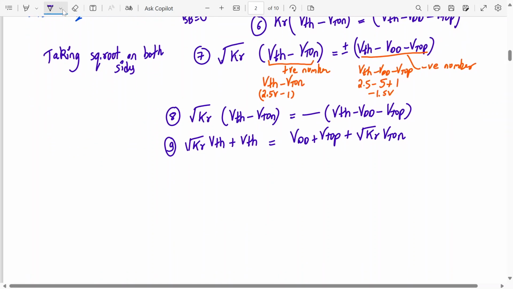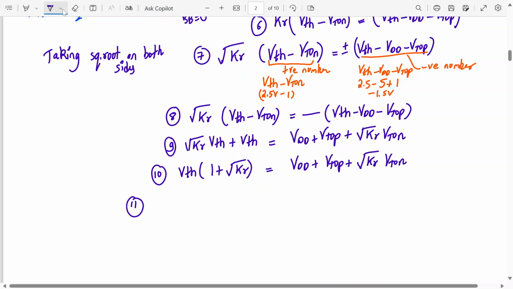Now I'll take VTH common over here, step number 10. So what I will get? VTH into (1 plus root of Kr) is equal to VDD plus VTOP plus square root of Kr VTON.